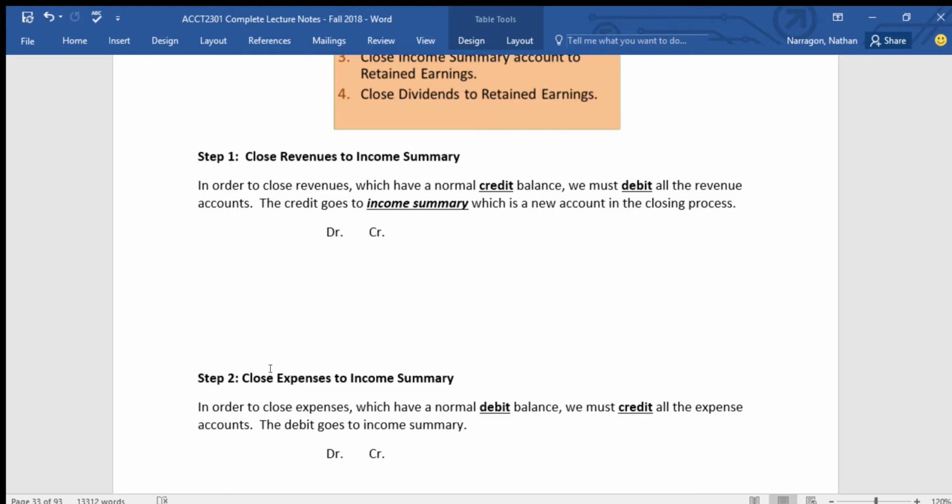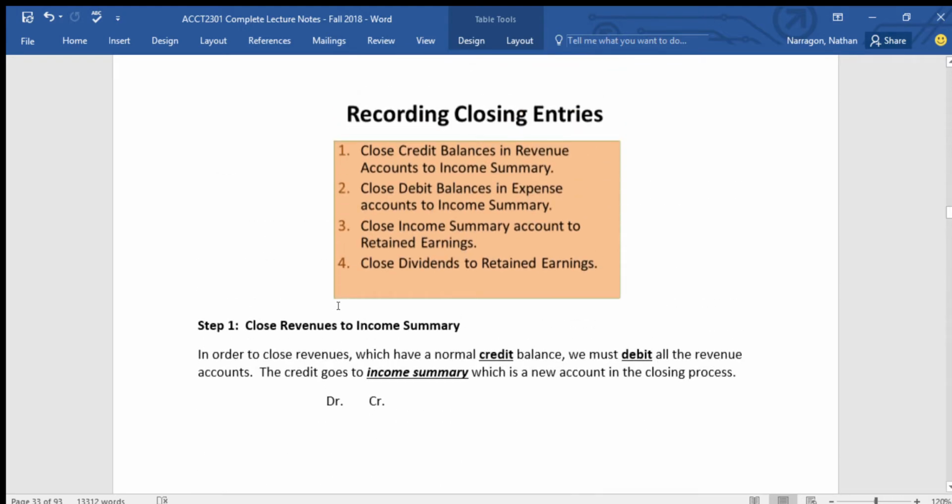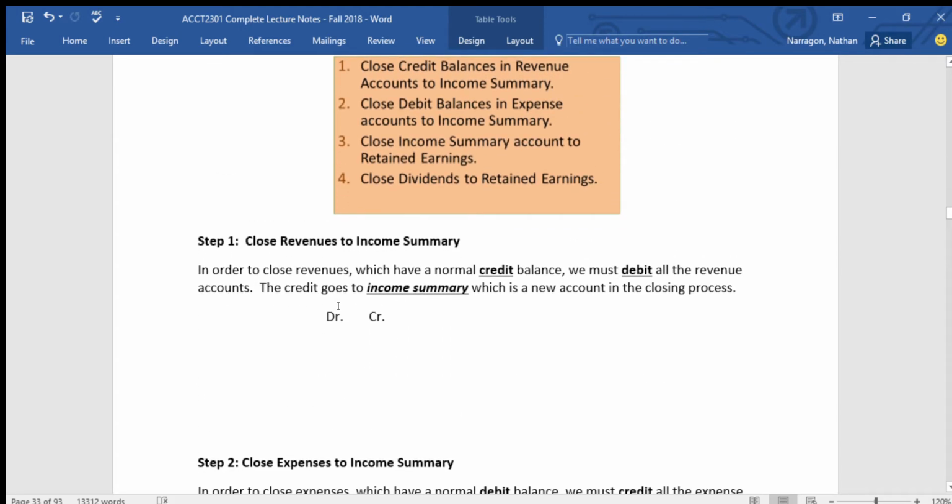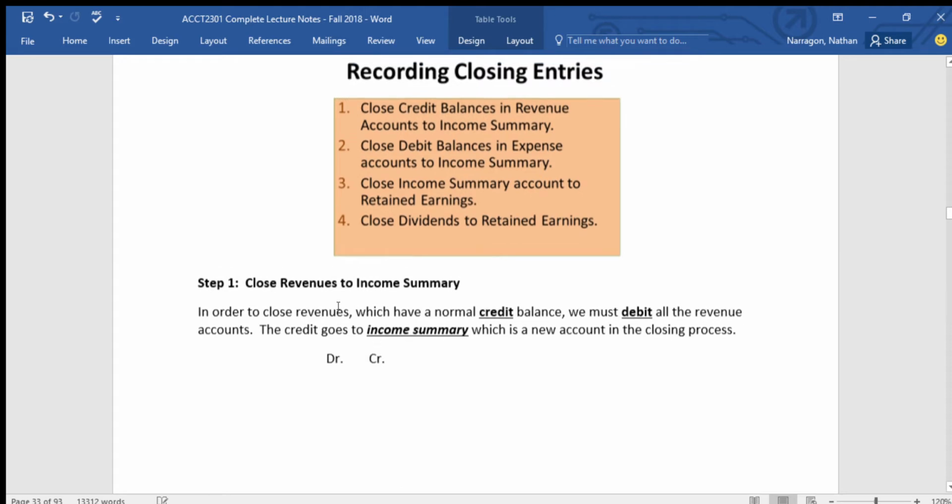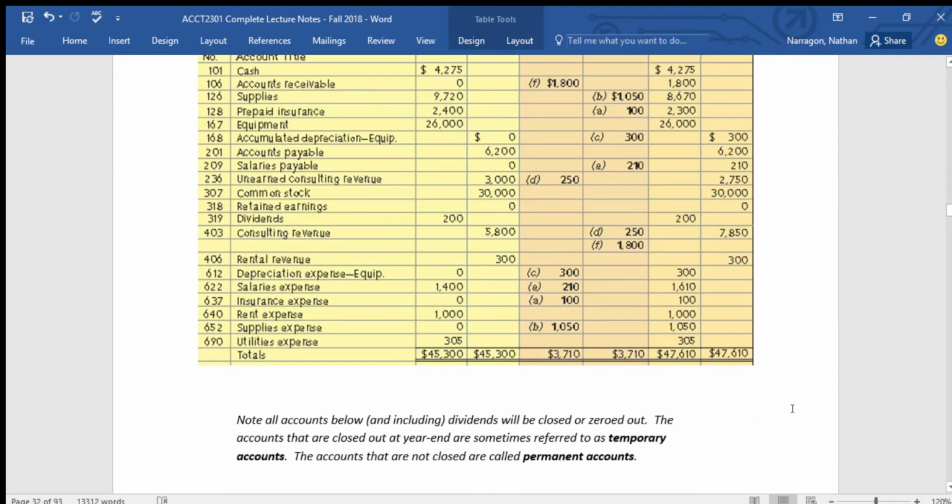So when we close out this account, we're going to look at our revenues. Again, Connect likes debits before credits. Well, when we close out an account, it just means we're bringing it down to 0. So if you look up here, we're going to look at the adjusted trial balance, and we're going to find our revenue accounts. We actually have 2: consulting and rental.